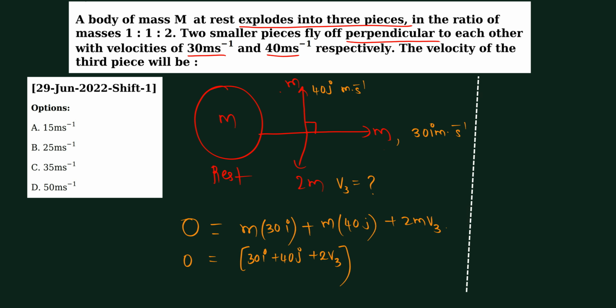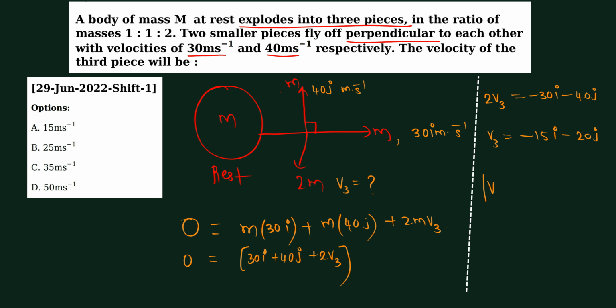So 2V3 equal to minus 30I minus 40J. Then V3 equal to minus 30 by 2, which is minus 15I, minus 40 by 2, which is minus 20J. This is the velocity in the I axis and J axis.